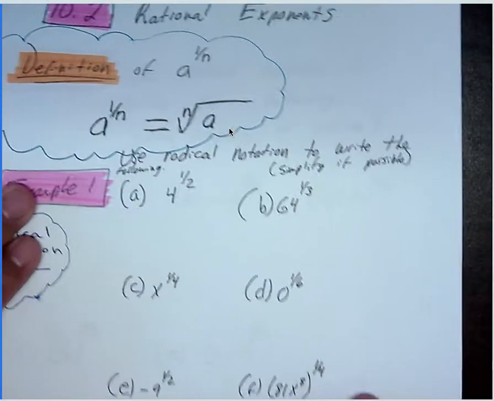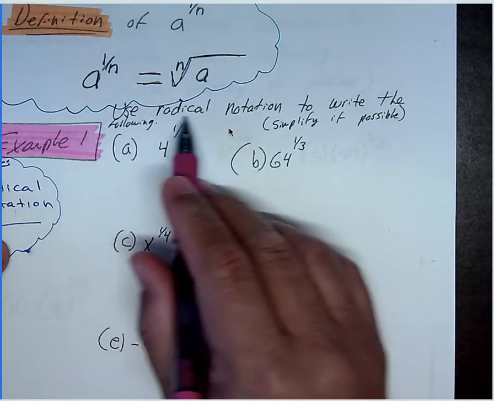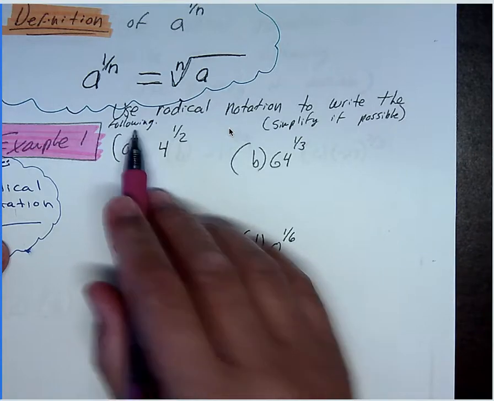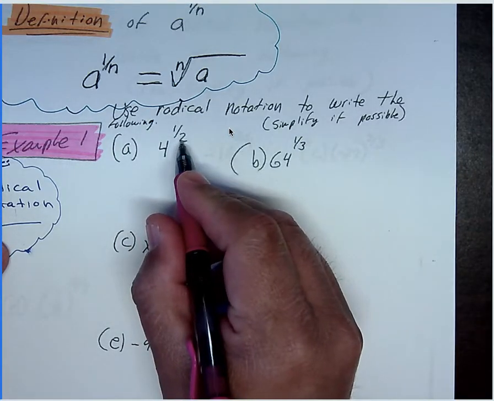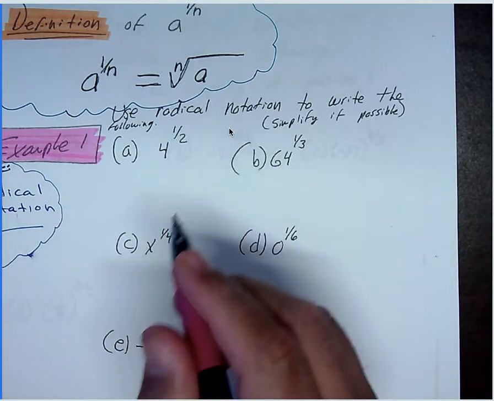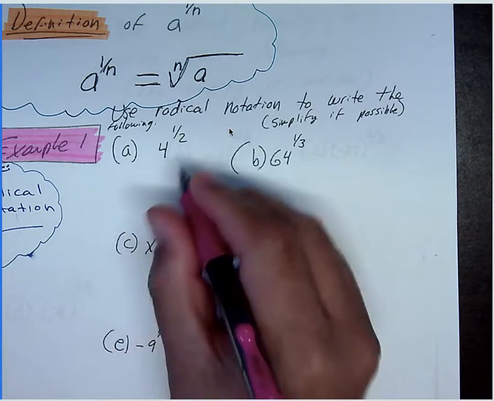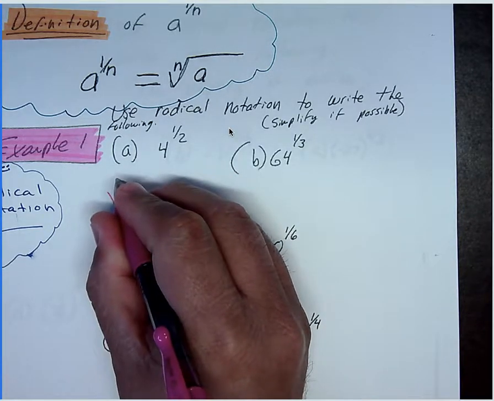Okay, so going into today's examples, this one is saying use radical notation to write the following. They're giving you rational exponents, fractions, and they want you to write it in radical form, the one with the house. So you would do a little house.